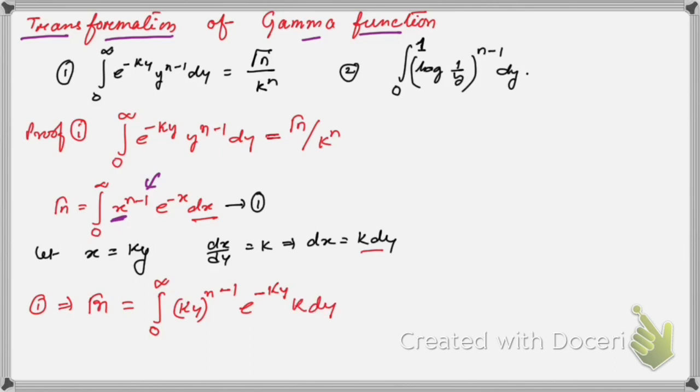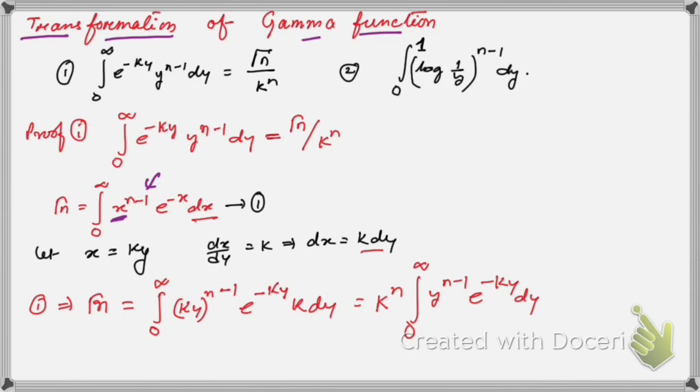If you simplify, here we have k to the power n minus 1 into k, that's going to be k to the power n, which can be written outside. Then the integration from 0 to infinity, then we have y to the power n minus 1, e to the power minus ky dy. That is what we have got, right?